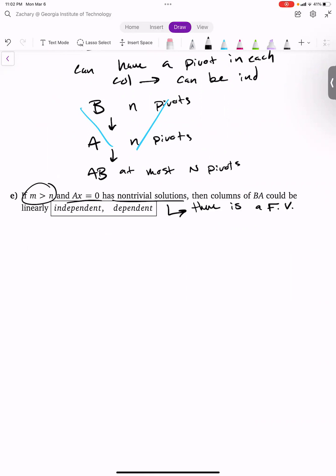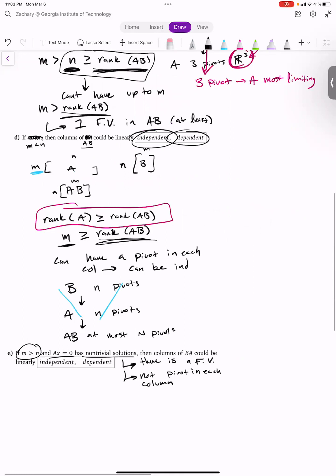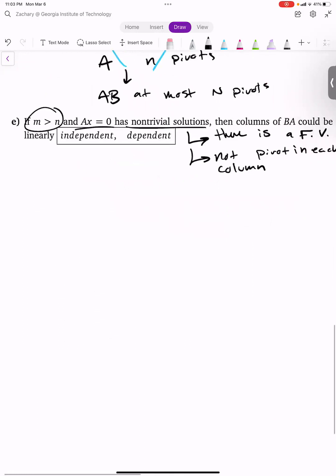Or rather, not in each column. So having M greater than N, let's rewrite this again.